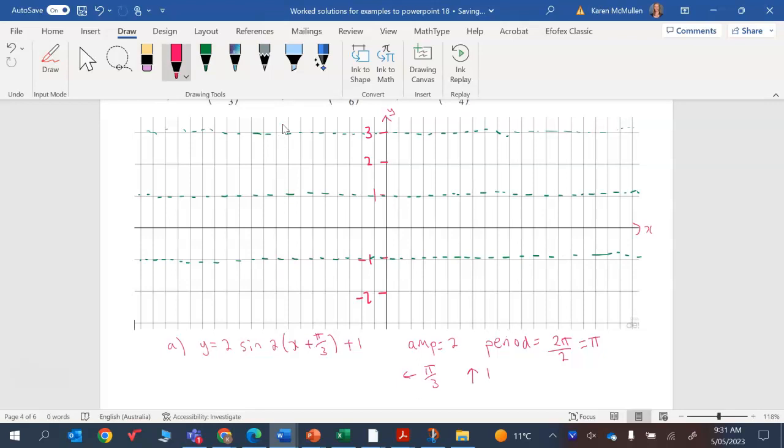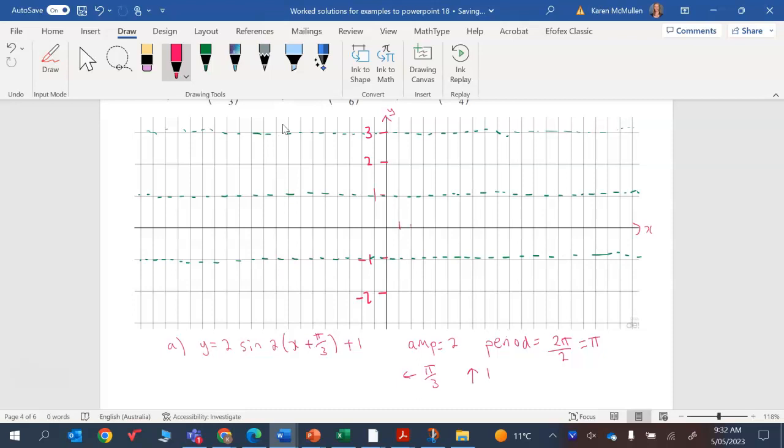Now for your x scale, we've got a period of pi, but we've also been shifted across pi on 3. To make it a bit easier to see that shift, we still split our period in 4, but with our minor lines, it's probably a good idea to go up by pi on 3.